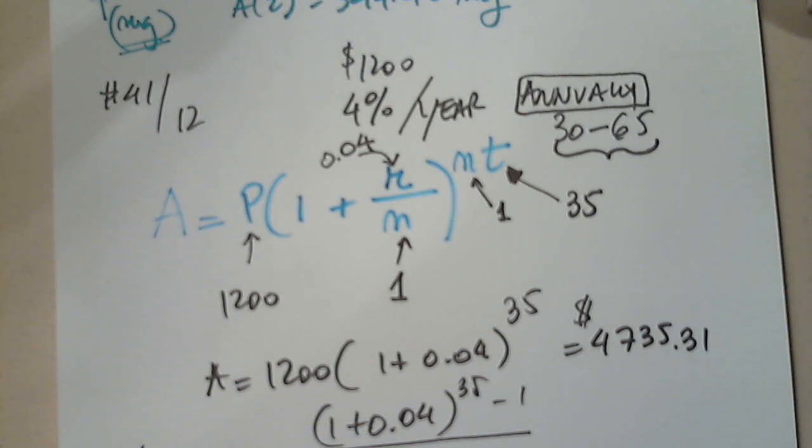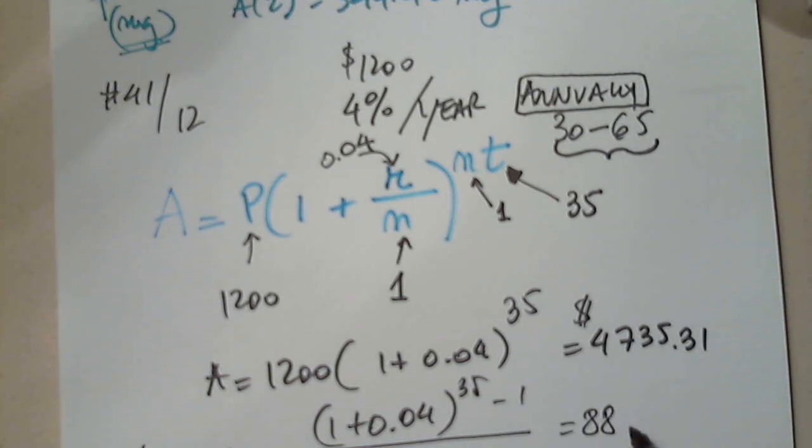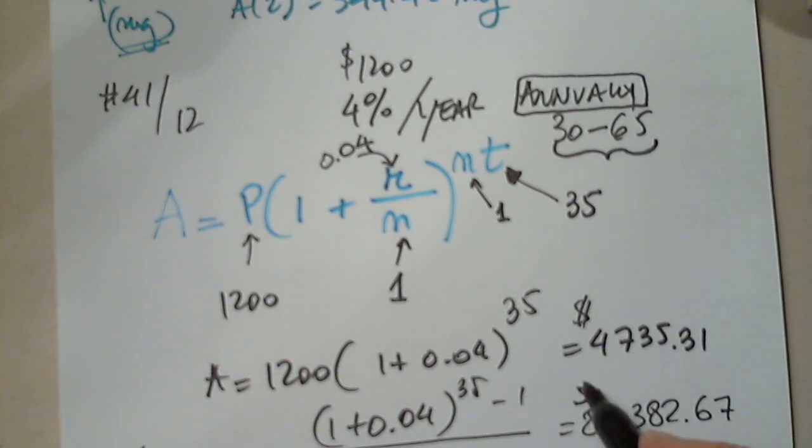Don't forget to come down from that power. Minus 1, close, and then divide by 0.04. It better be substantial over 35 years. Okay, so it's 88,382.67.